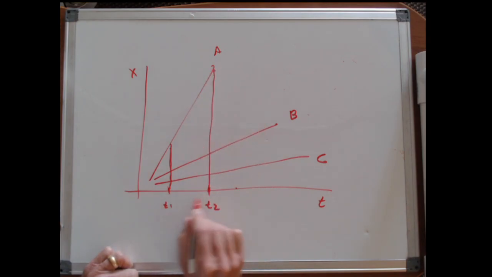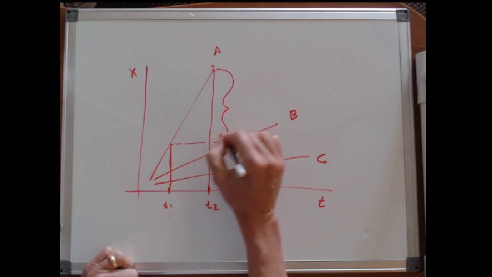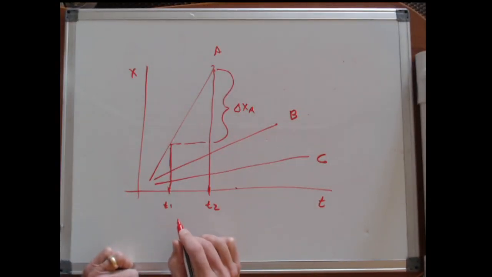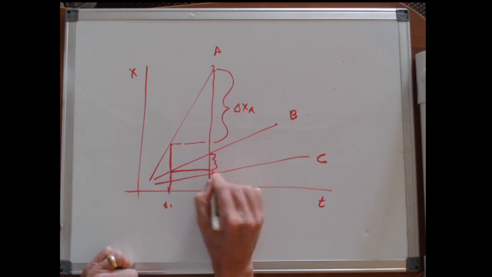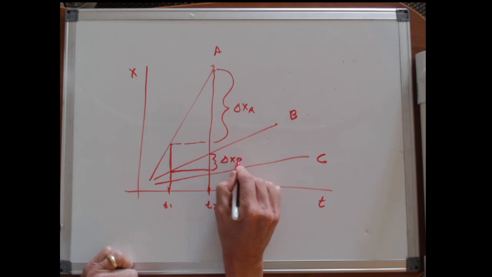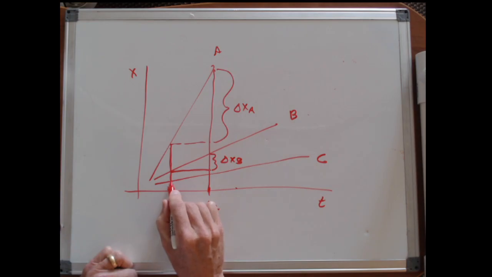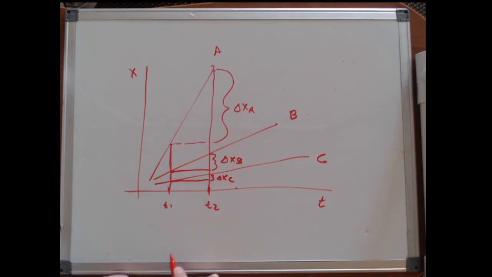But notice that between time T1 and T2, car A travels this distance, delta x. We'll call it delta XA, right? Between times T1 and T2, car B travels this distance. This distance that car B traveled is smaller than the distance that A traveled, and so on. Delta XC looks like that.